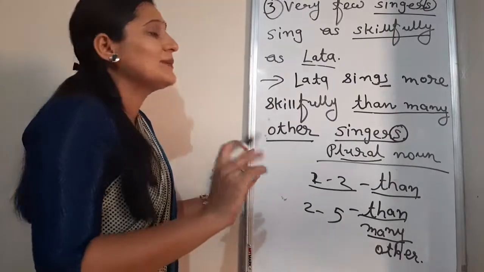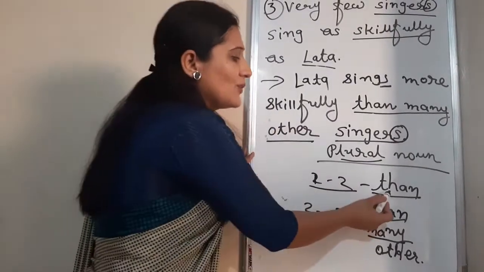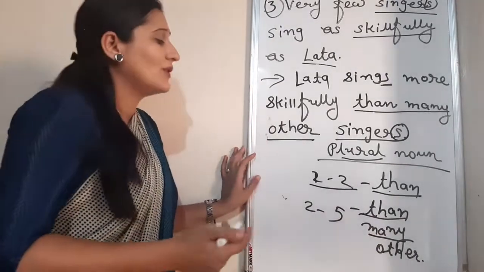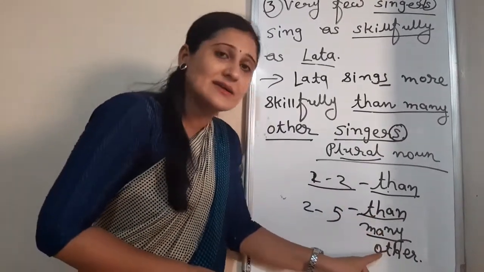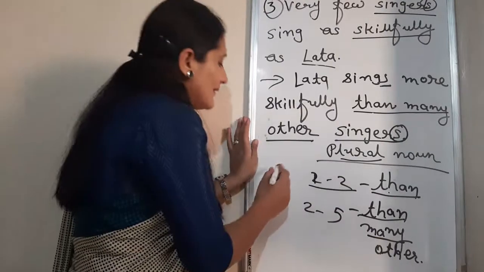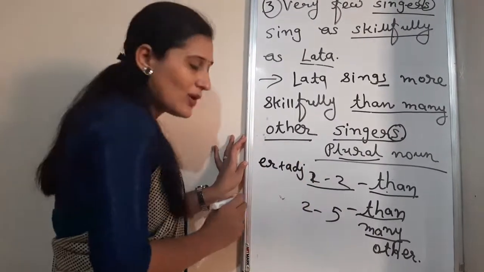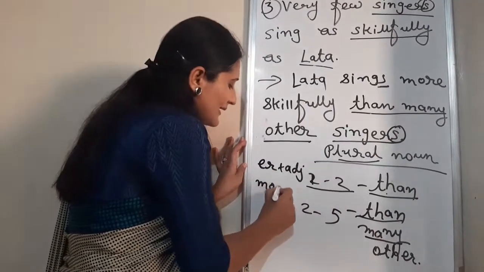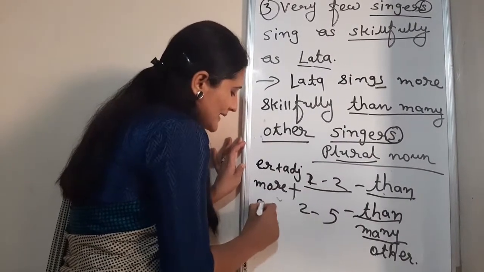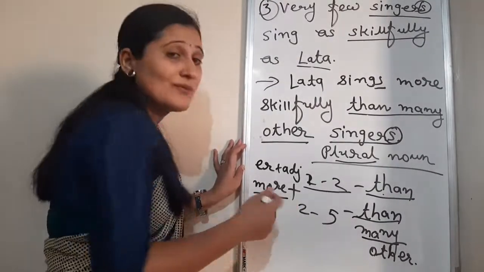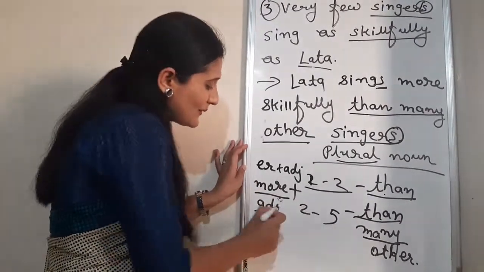If the comparison is between two, we need to add "than". If the comparison is between more than two, we need to write "than many other". And here, er plus adjective if the adjective is small; if the adjective is big, then we need to write more plus adjective. If the adjective is difficult, when you pronounce it, then also more plus adjective.